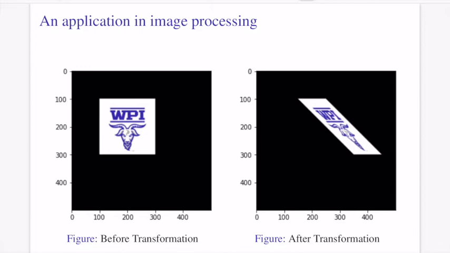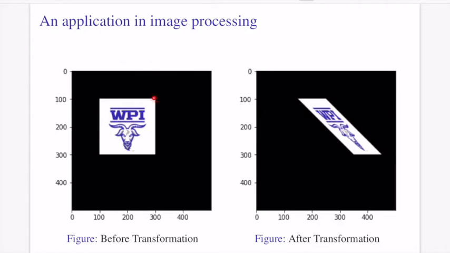Now we want to understand how you implement this transformation. Is it something related to linear algebra? The answer is yes. First of all, we need to understand that a picture consists of millions of pixels. And what the transformation does is move all those pixels from the first picture to a new pixel in the second picture.